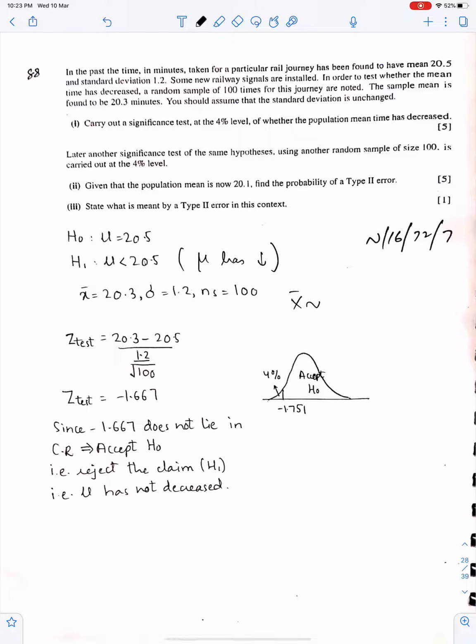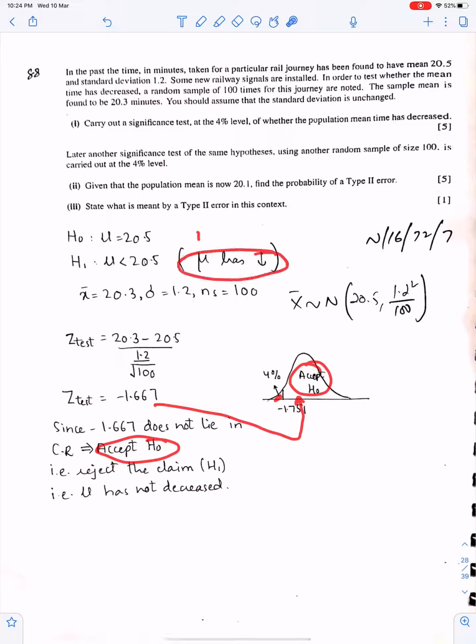For your conceptual clarity, I'm writing this thing here: 20.5, 1.2 square over 100, and we use this thing here and here. Critical is minus 1.751 and z-test is minus 1.667. This does not lie in critical region, it lies in accepted region. So we have to accept H naught, we have to accept that mu has not decreased.